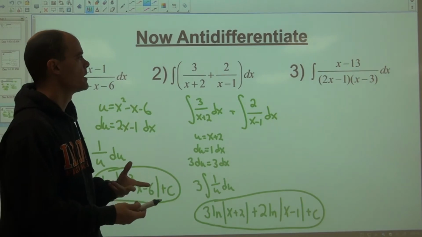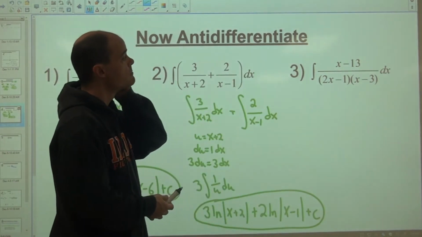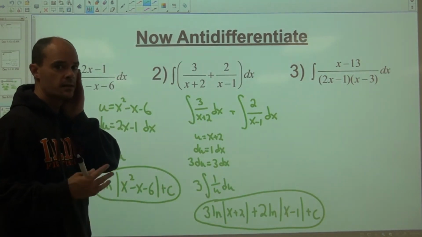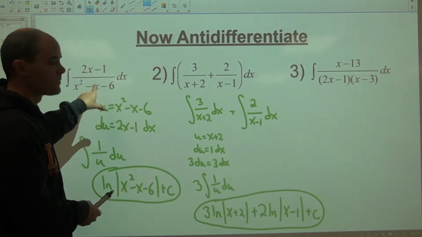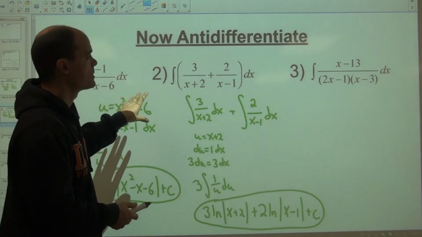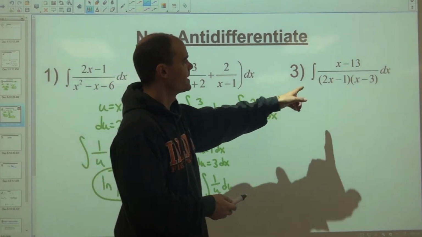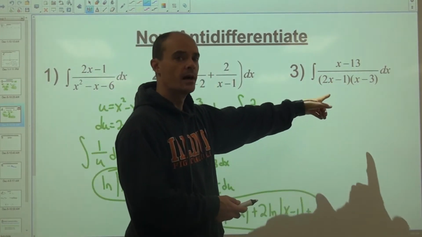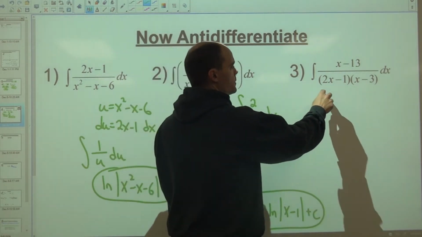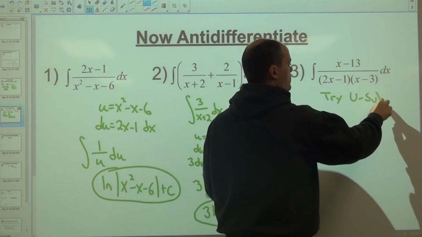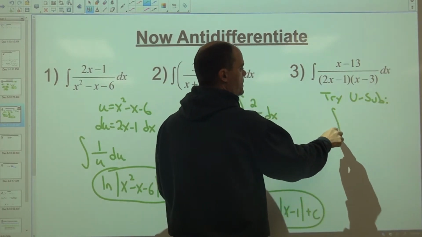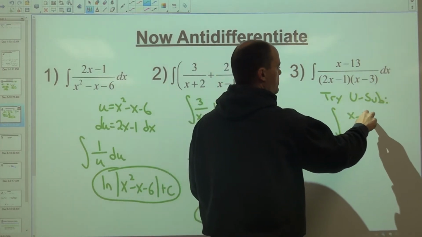So finally, what we end up with is an example like number 3. Now obviously that's a segue into a new strategy, but I want to try this first. Let's always try u sub to see if it fails. I can't pull off a u sub as it is right now, so in order to try, I'm going to have to distribute the bottom.